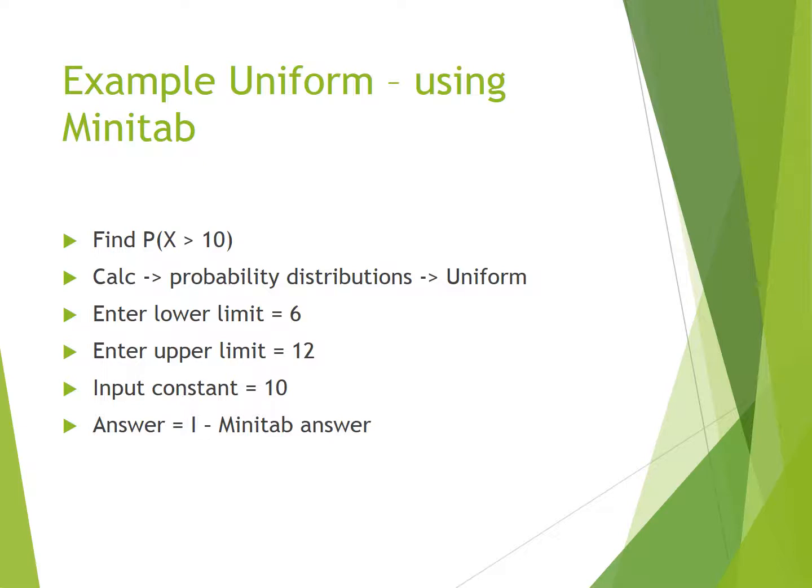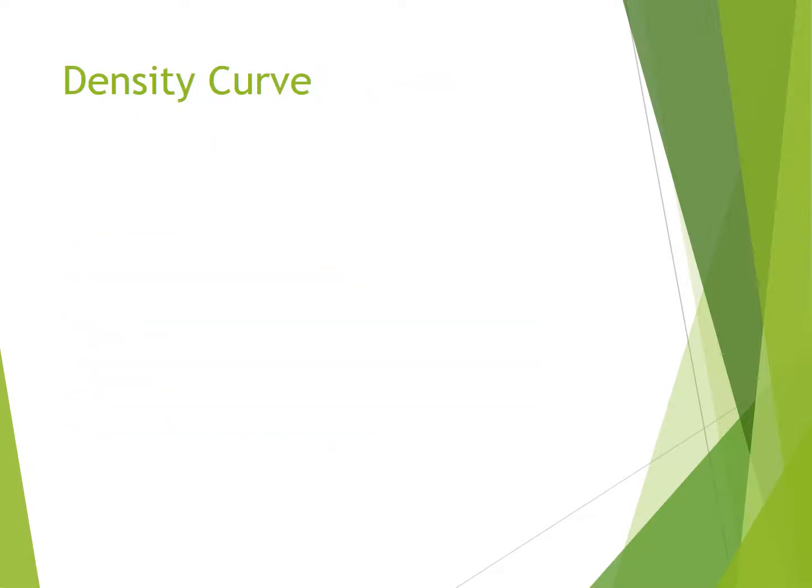So we're actually just going to subtract 1 minus the Minitab answer when we put in the input constant of 10. You've got a couple of examples in homework and a couple of examples to look at in the book, and we're doing very little with the uniform distribution.